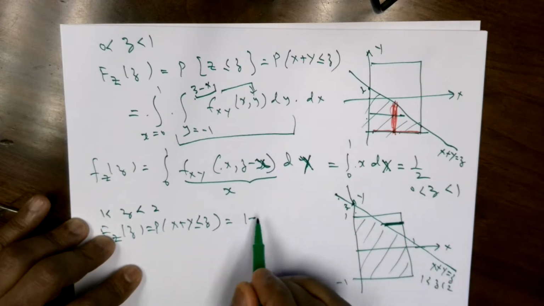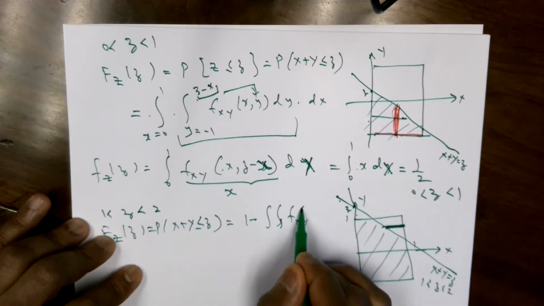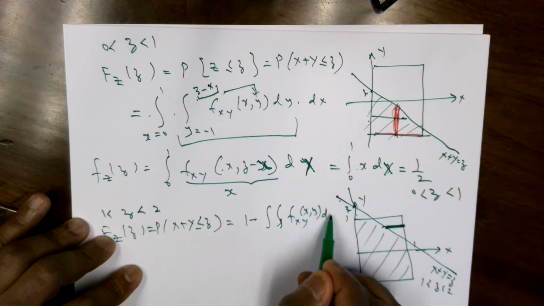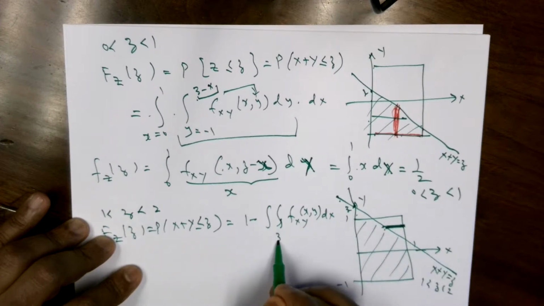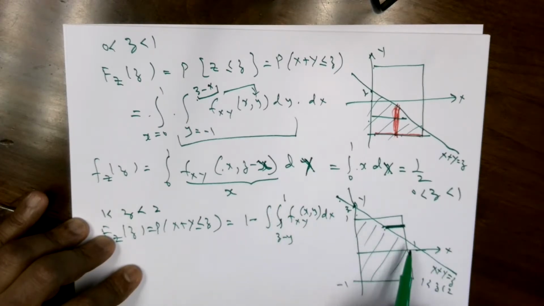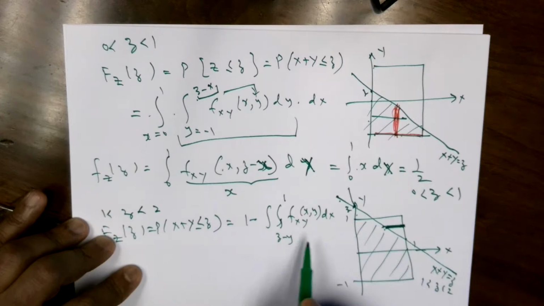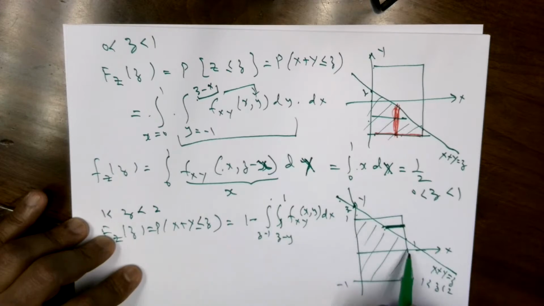So this is going to be 1 minus the integral f_XY(x, y). X goes from here to here, so that point is z minus y to 1, and y goes from this point. At this point, z is 1, so x is 1, I'm sorry, so y is z minus 1 to 1.